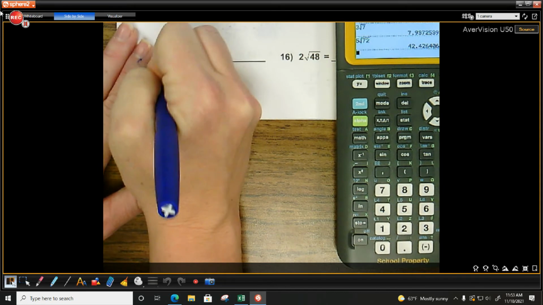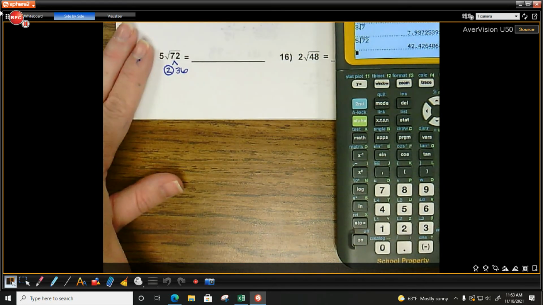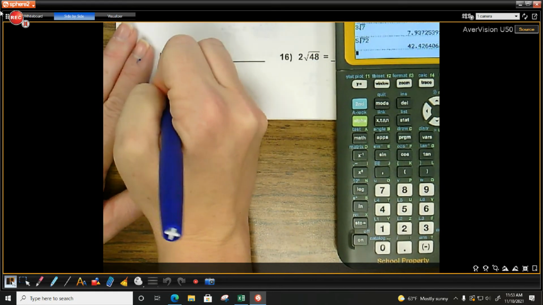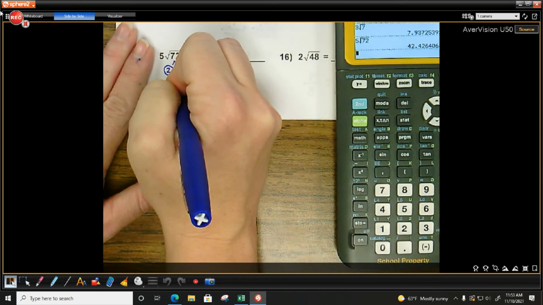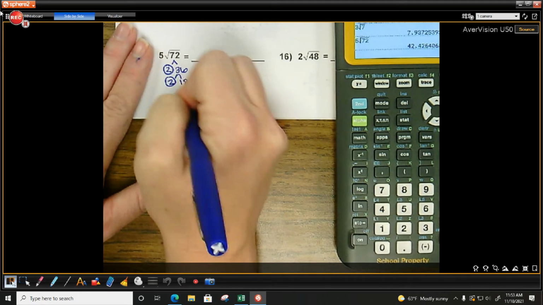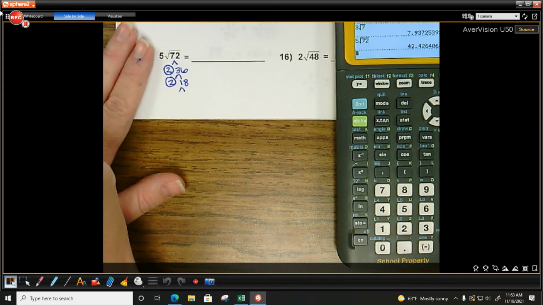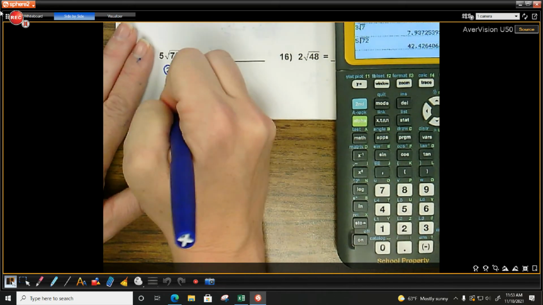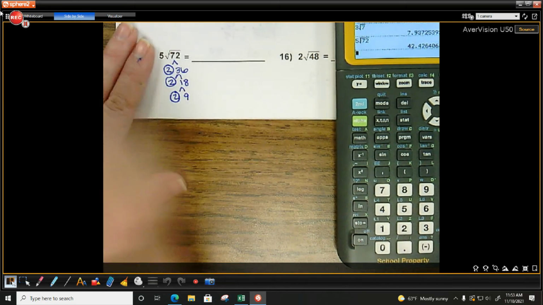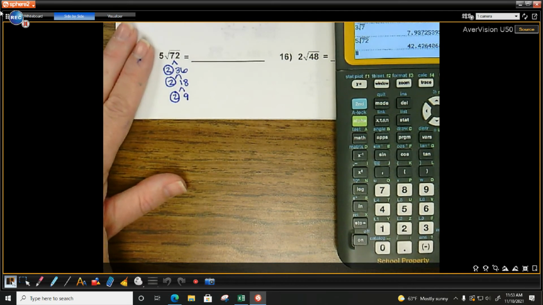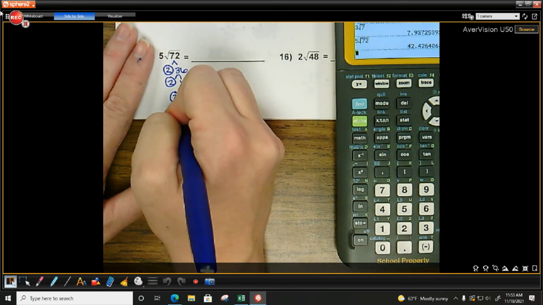Circle your 2. 36 is still even, so it's divisible by 2 and what? 18. 18 is still even, so 18 is divisible by what? 2 and 9. 9 is not even, but 9 is divisible by what? 3. 3 and 3.